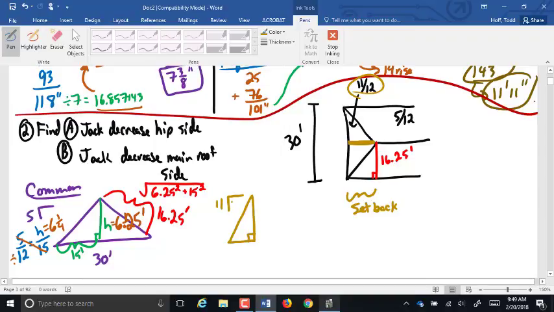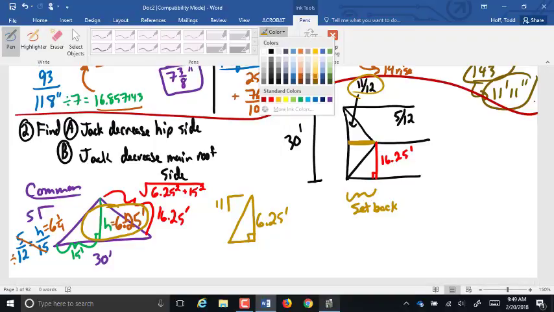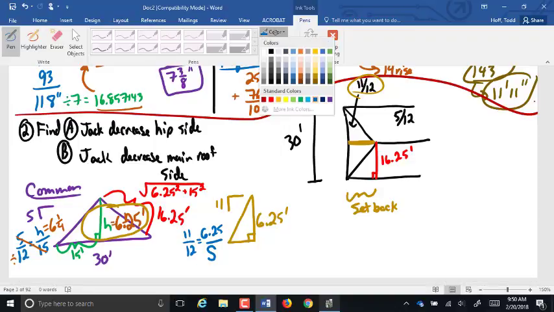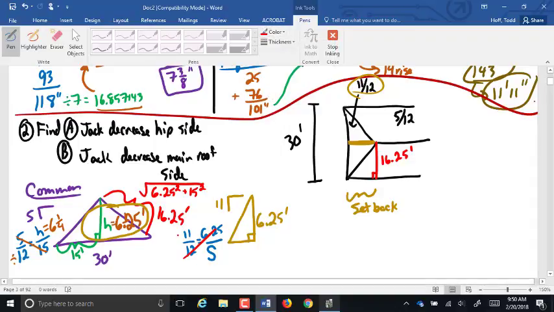What else do we know? The height is still 6.25 feet. It has to have the same height as the common does. So from that, we know that 11 over 12 equals 6.25 over that setback. So we cross multiply and divide.